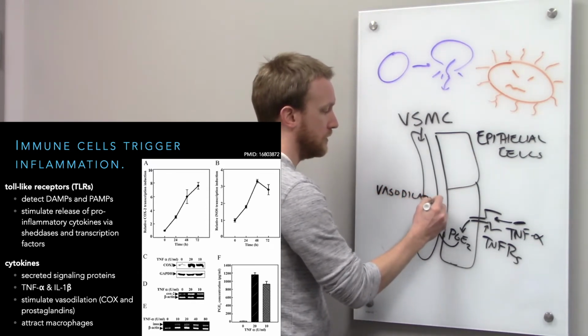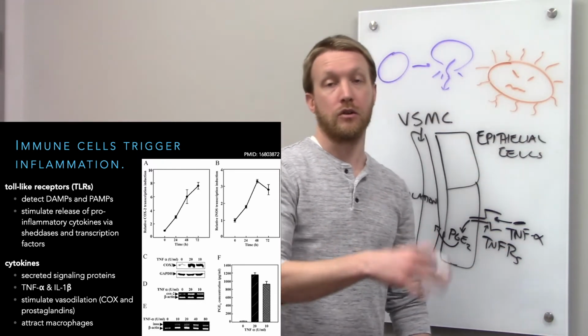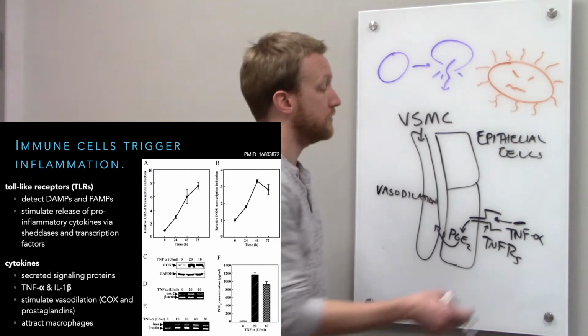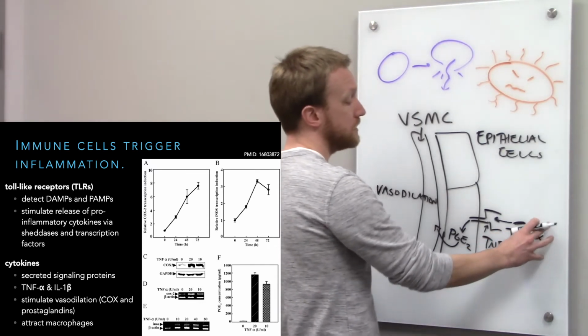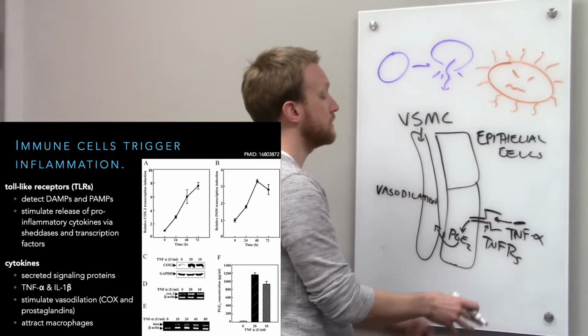vasodilation. So when we have DAMPs and PAMPs, those act on Toll-like receptors to cause the release of TNF-alpha from the macrophages. TNF-alpha then triggers the release of prostaglandins from epithelial cells.